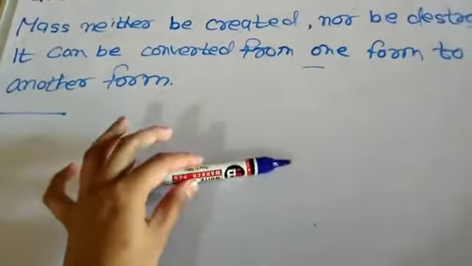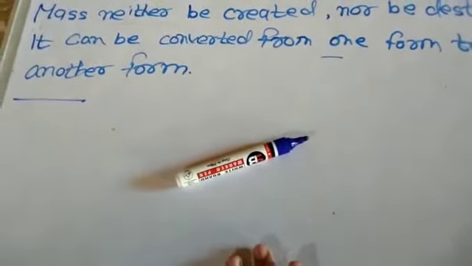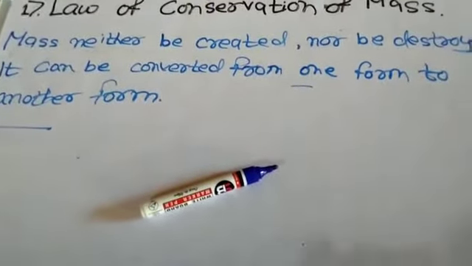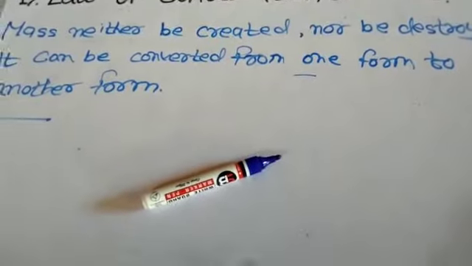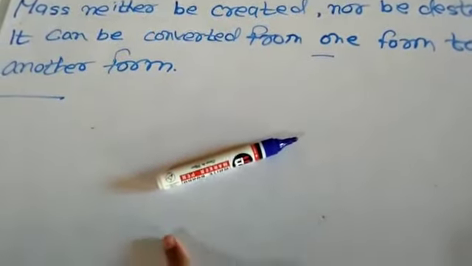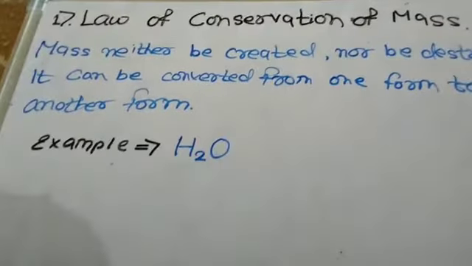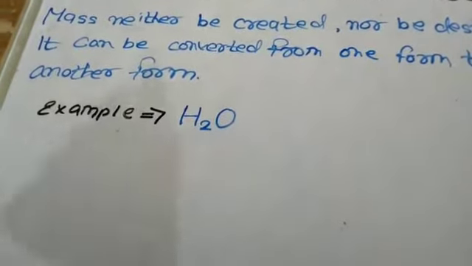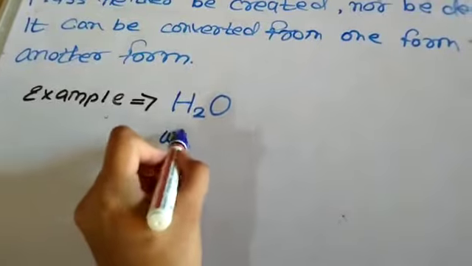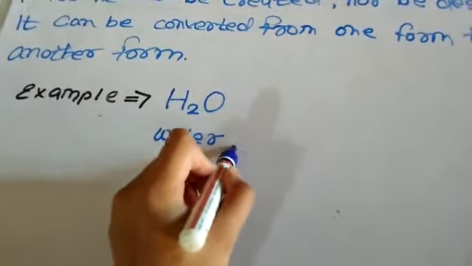For example, here is a pen, and obviously it has some mass. I can't create this mass and I can't destroy this mass, but it can be converted from one form to another form. Example is H2O. What is H2O? H2O means water.